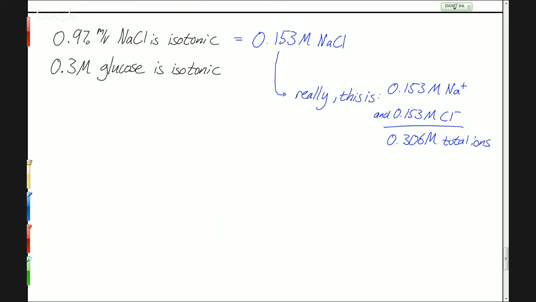Remember that the osmotic pressure depends on the number of particles in solution. And for sodium chloride, that's 2 particles per mole, 1 sodium ion and 1 chloride ion. So if we want to talk about the total number of particles when we care about osmosis, we really need to care about all the ions added up together.